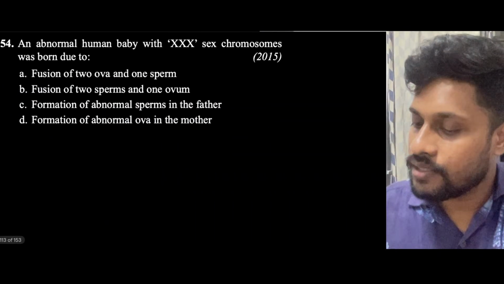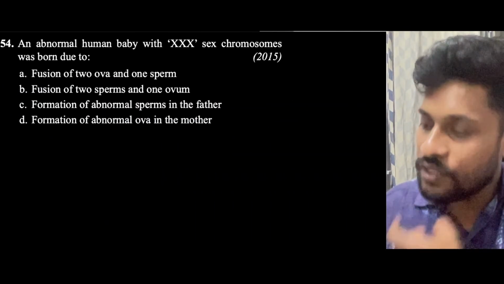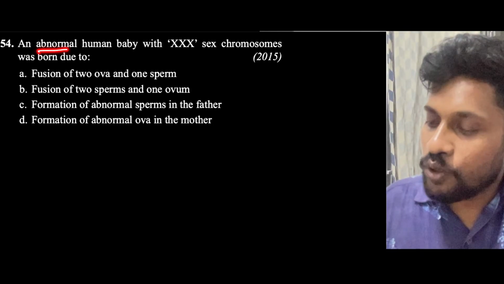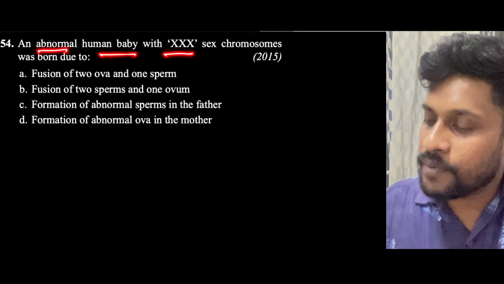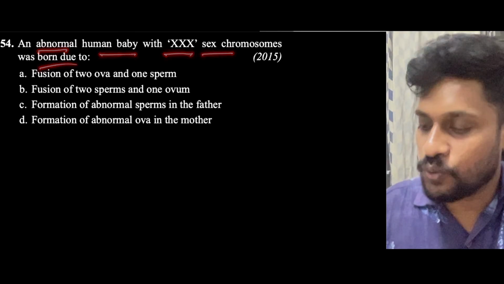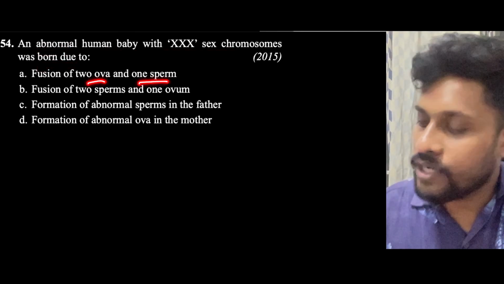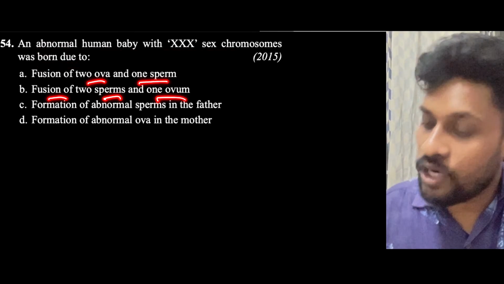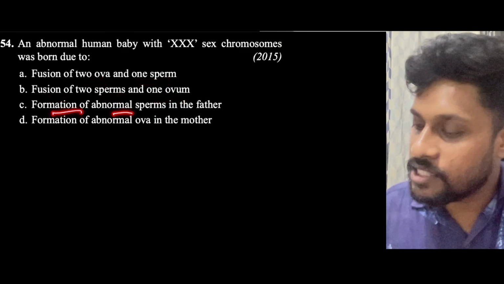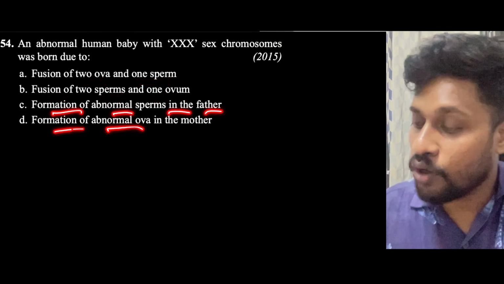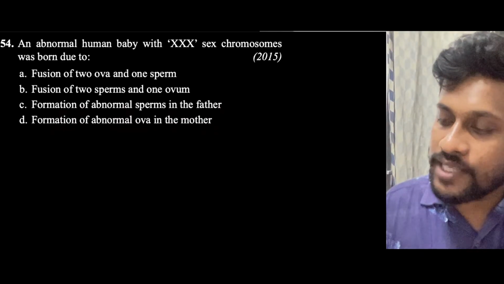Right? Now 54, guys. An abnormal human baby with a triplo-X sex chromosome was born due to fusion of two ova and one sperm, fusion of two sperms and one ovum, formation of abnormal sperms in the father, or formation of abnormal ova in the mother. See, in this case, what do you need to do?